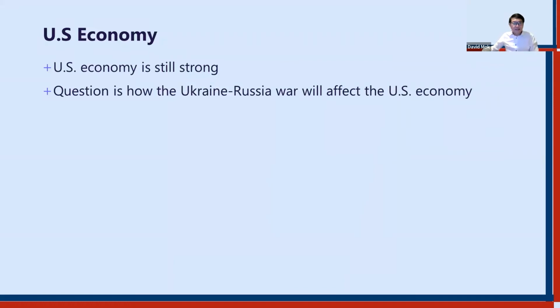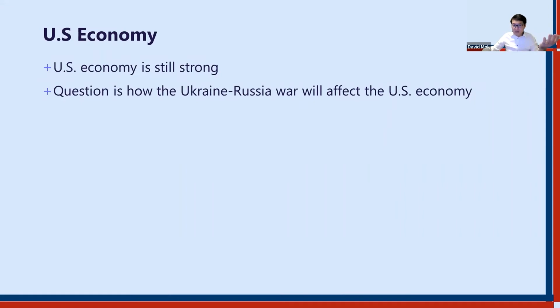What to do next? It's important to know that in the background, the US economy is still very strong. So the question for us now is, how does the Ukraine and Russian war affect the US economy? Good question, right?